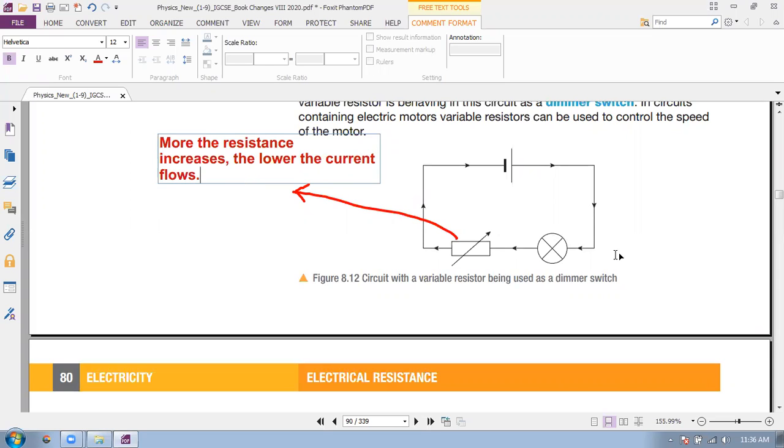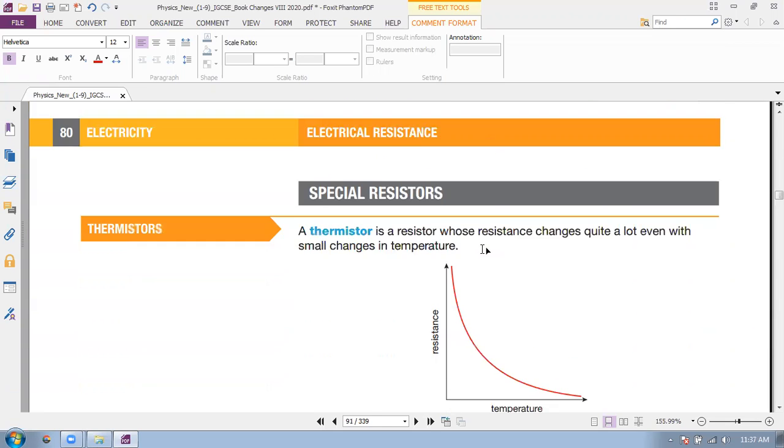Now lower the resistance, and the current flow increases. This is the lamp. This is the cell. Remember, the resistance can be changed within a particular range. It can be increased. It can be decreased.